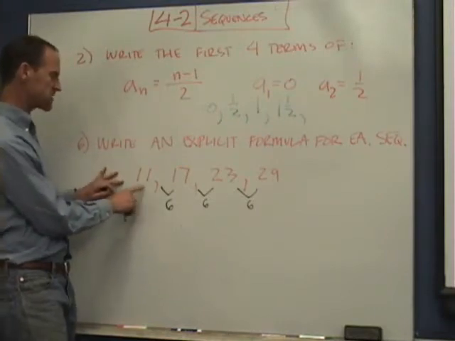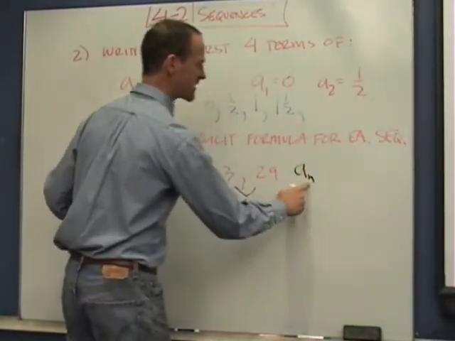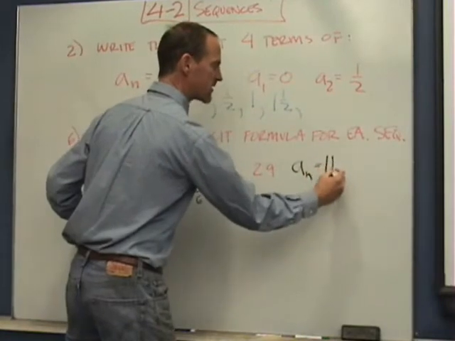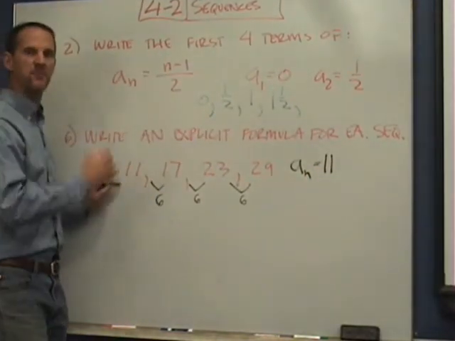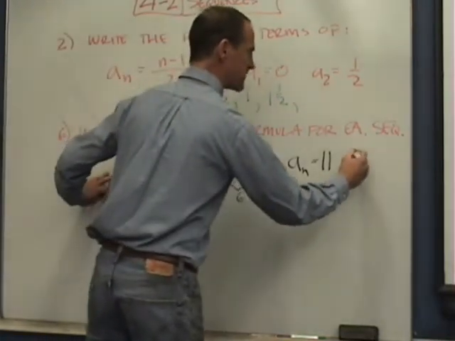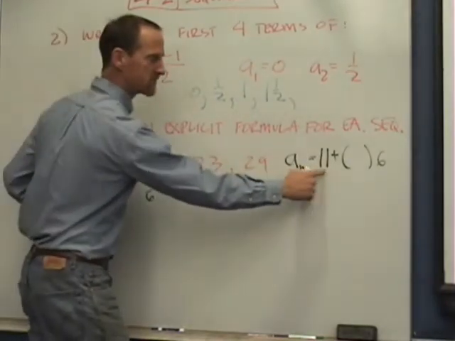But if you think about it, we're just going to start with 11. So our formula for any particular place, A sub n, is going to start with 11, and then we're going to add multiples of 6. Well, I can't just have it be n times 6, because I've already got my first term here.